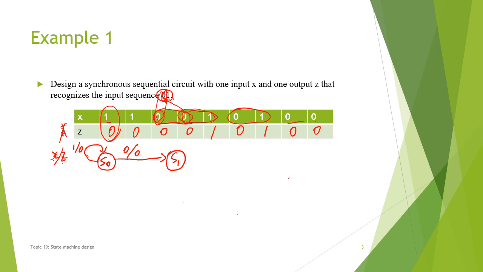Then at S1, we need to detect the next input. Since it's 0 here, which means we didn't get this pattern. However, this 0 can be thought of as the detection of the first bit here, right? So it will stay here if it's 0.